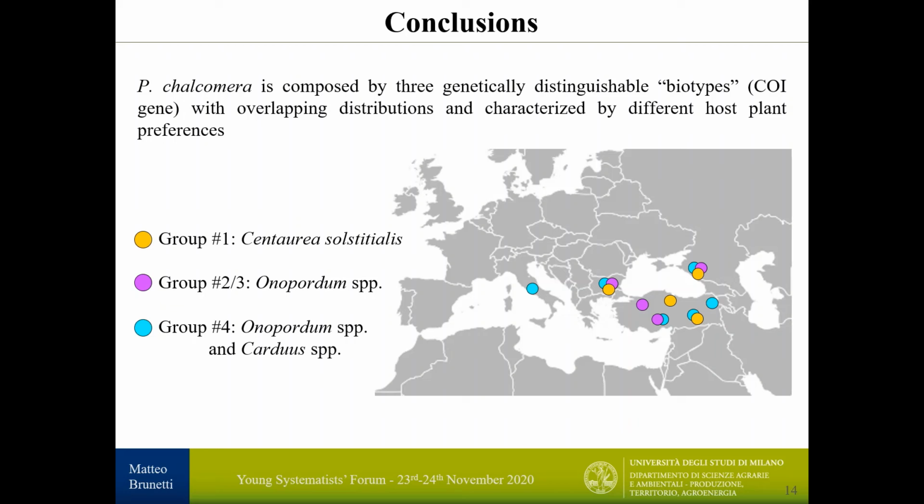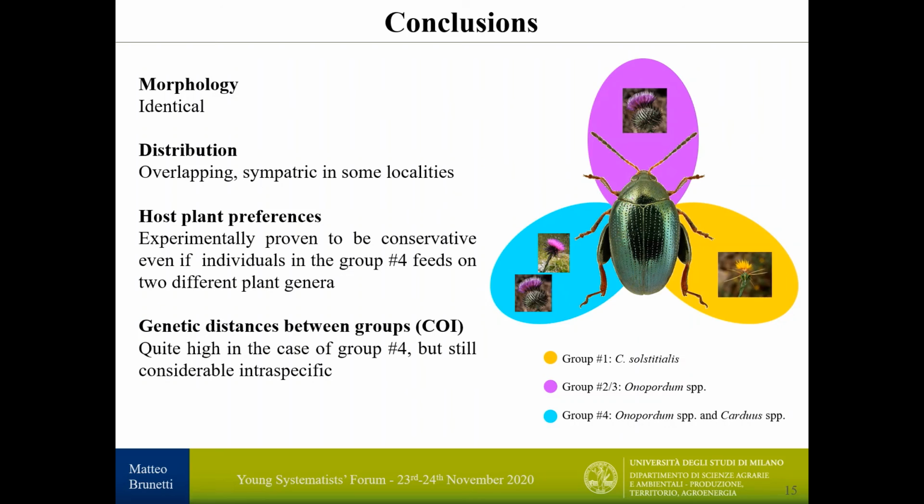Group 3, and probably also Group 2, even if we don't have a larva specimen for this group, are associated to Onopordum, while Group 4 includes haplotypes associated to both Onopordum and Carduus. These 3 biotypes are morphologically identical and no internal or external character permits to distinguish them. Their distribution is highly overlapping, and in some localities 2 biotypes occur in complete sympatry.